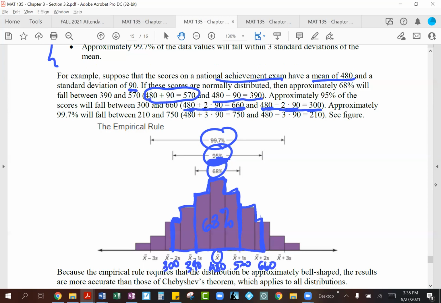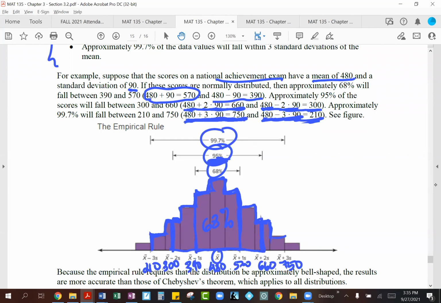300 and 660. And in that same way, they're saying if you go 3 standard deviations above the mean, so 3 times 90 plus the 480 will put us at 750 here. And then 480 minus 3 times 90, so 3 standard deviations below the mean, you're at 210. So everybody from the score of 210 all the way to the upper score of 750.